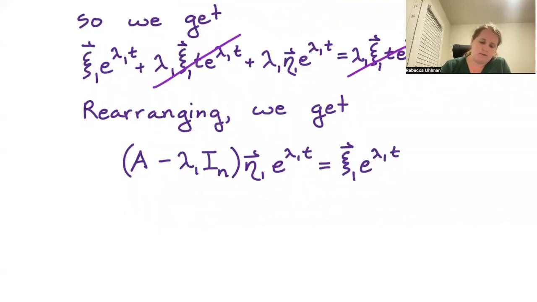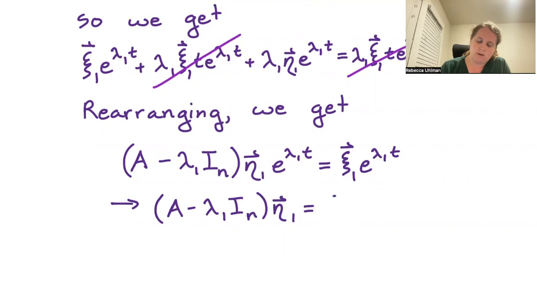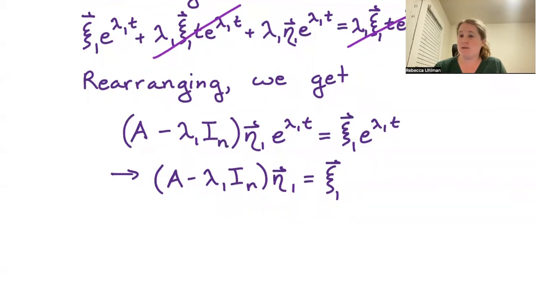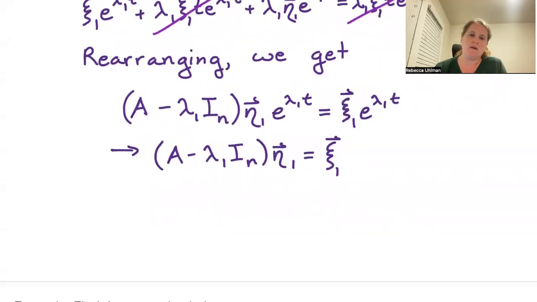And so we have A minus lambda 1 times the identity, all times eta 1 should be equal to psi 1. Now we already know A minus lambda 1 I is not invertible, so this has infinitely many solutions. Well, it should hopefully have infinitely many solutions if it has a solution.